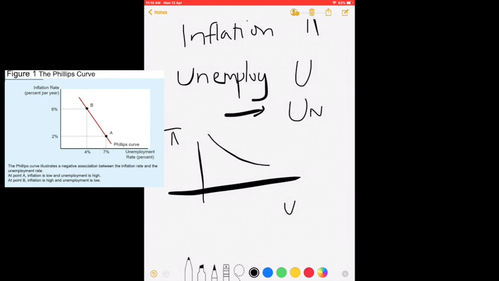Before we actually go into the detail about this whole thing, we want to discuss what the implications of this downward sloping curve is. So what this curve basically is saying, that the government or the policymakers can actually choose to be in a position where there is high inflation and low unemployment, versus a scenario in which inflation is low but unemployment is higher.